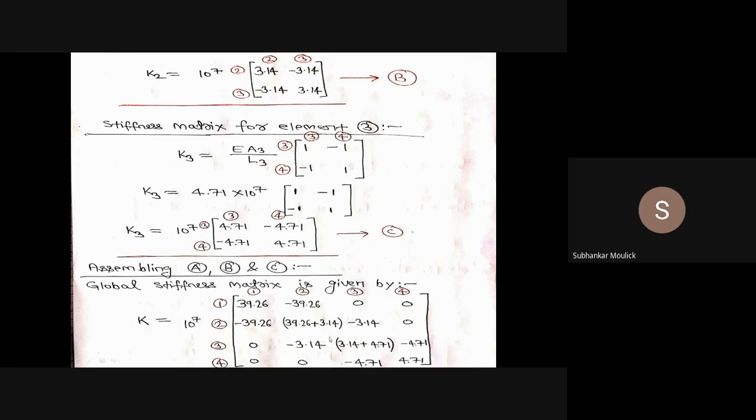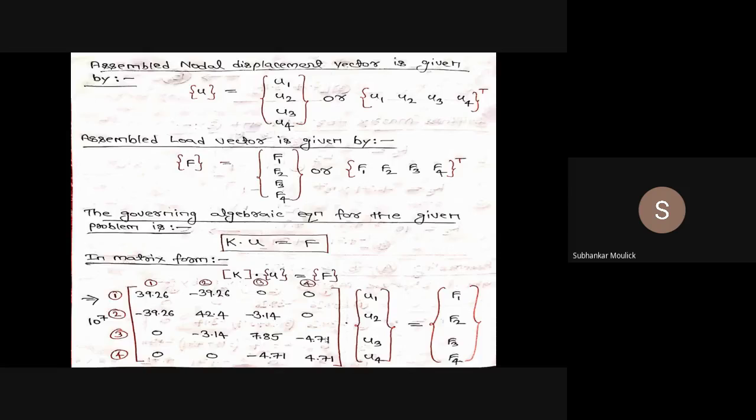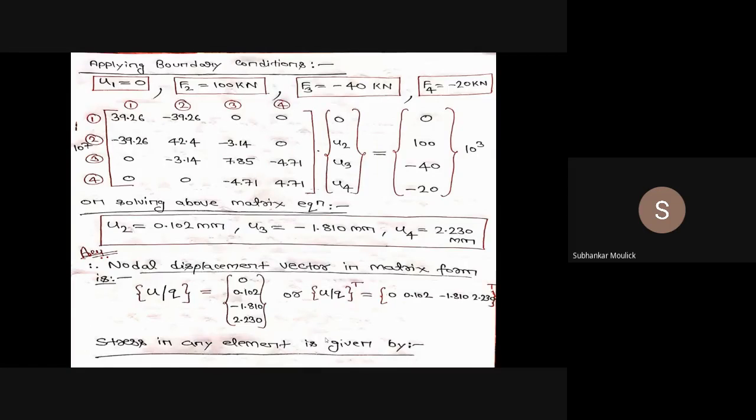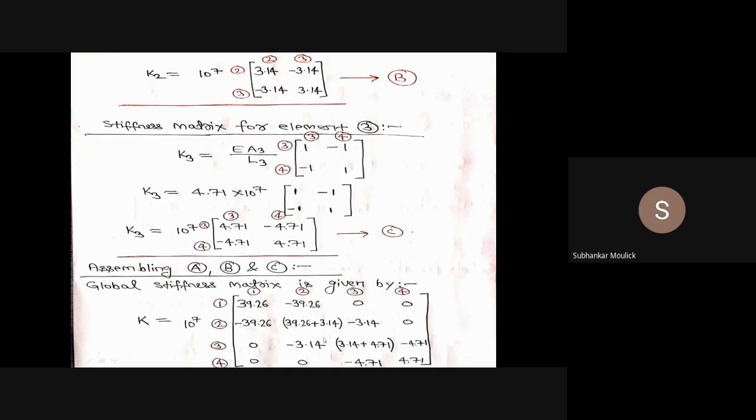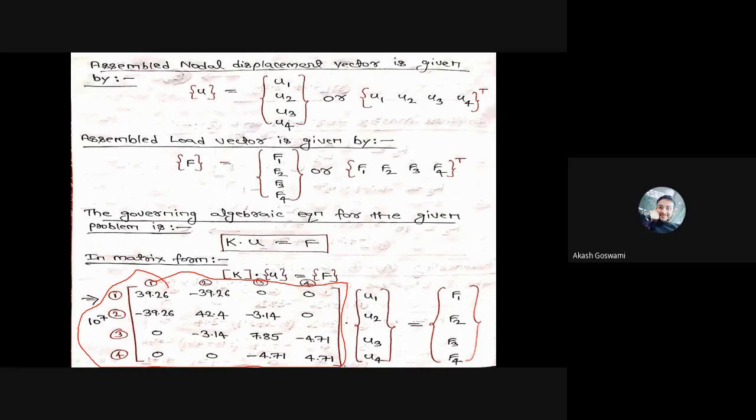So after adding all these things, that is 39.26 plus 3.14, 3.14 plus 4.71, this is your final resulting global stiffness matrix. After adding these two things, is it clear to all of you?